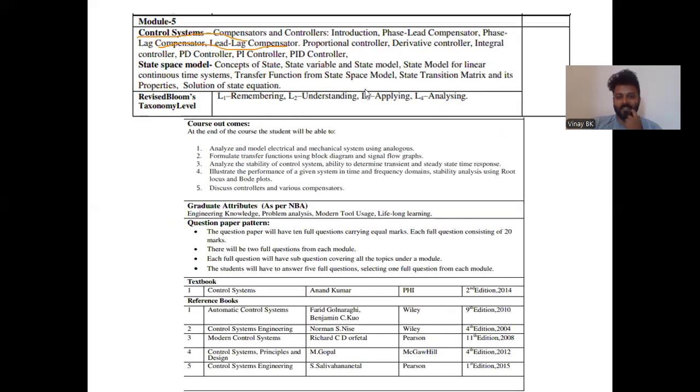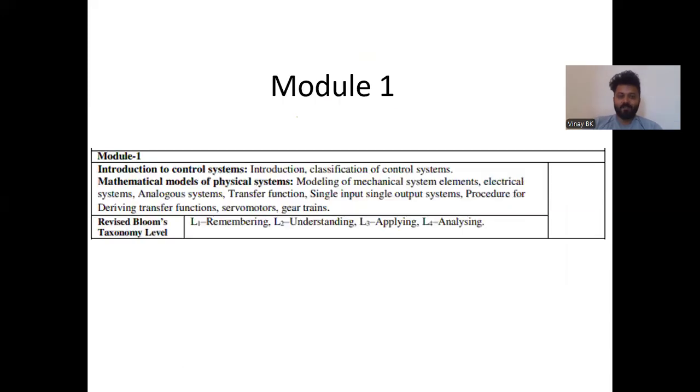Module 5 has control systems, compensators, and controllers, and also the state space model. You can see the question paper pattern, textbooks, and reference books. The Anand Kumar textbook is well and good. So without wasting time, let me start with module 1 now.